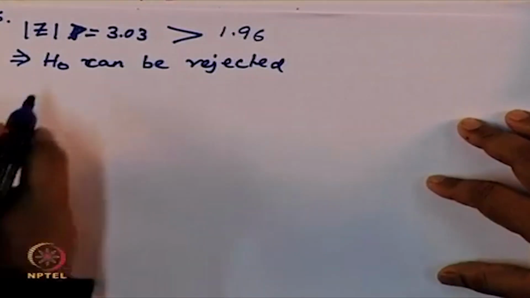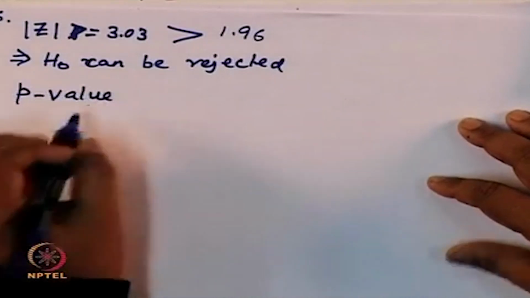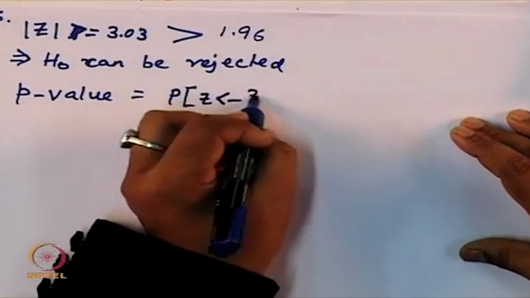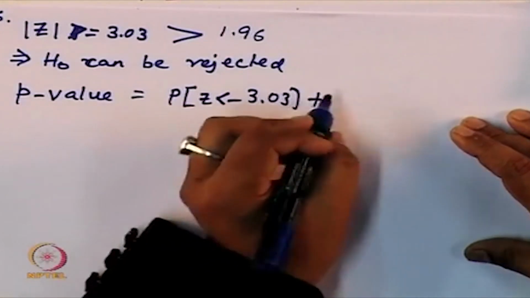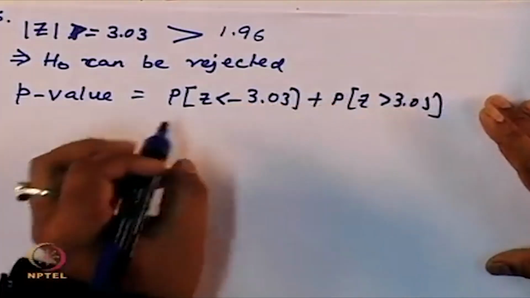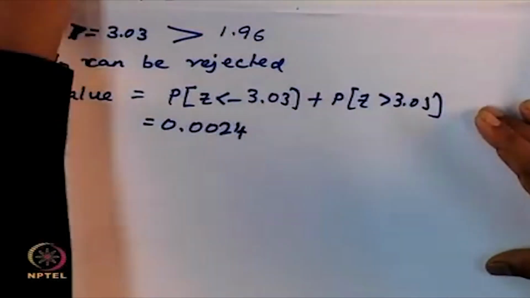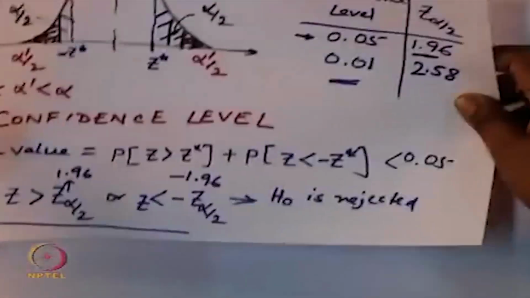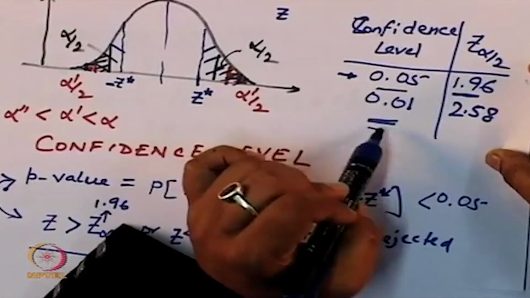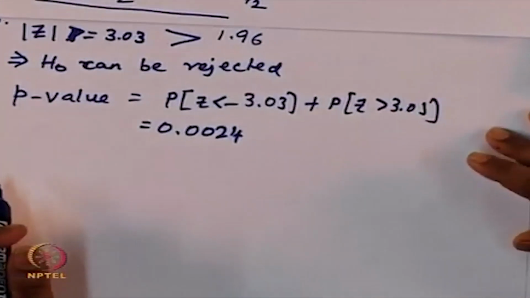If I calculate the p value, it would be given by the probability of Z less than minus 3.03 plus the probability of Z greater than 3.03, and you get a value of 0.0024. If you look at these values, your 5% level is 0.05, your 1% level is 0.01.